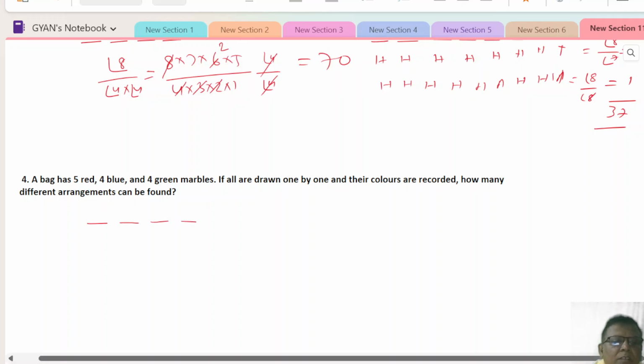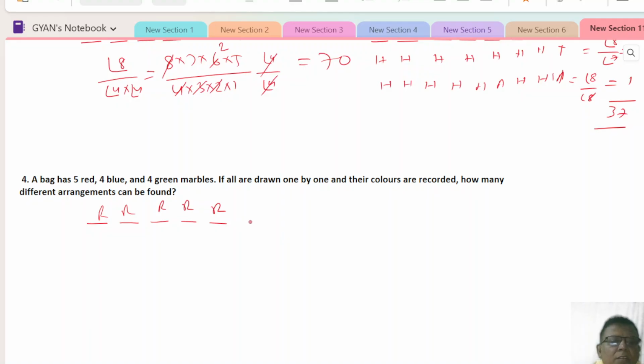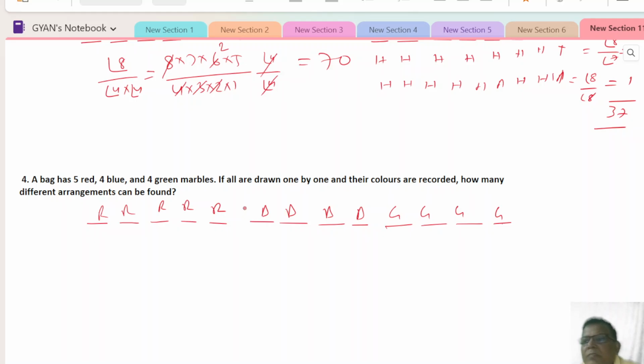So how many ways can it be done? Totally you calculate, that is 13. 5 plus 4 plus 4 is 13. So 13 factorial divided by factorial 5, factorial 4, factorial 4. So this will be the answer.